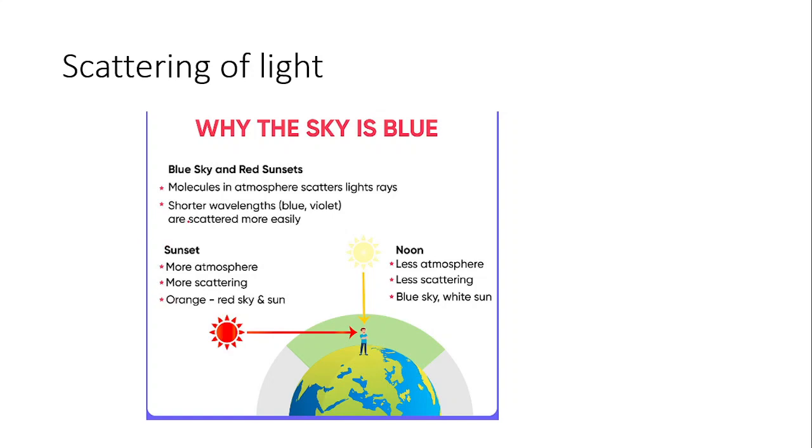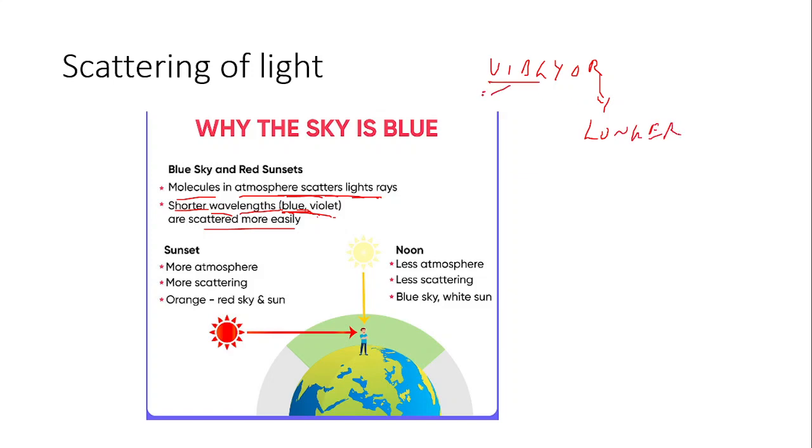Scattering of light happens because of the molecules which are present in the atmosphere. They scatter the light rays. In the sky the molecules scatter shorter wavelengths more easily. VIBGYOR, red and orange are longer wavelength.